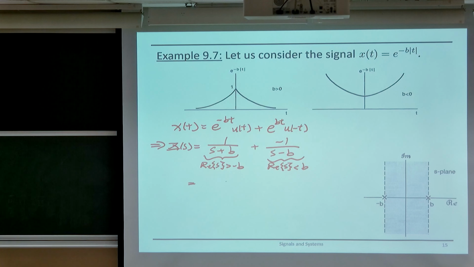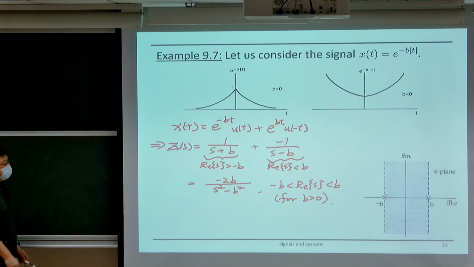Okay. So you can combine these two terms to get minus 2b over s squared minus b squared with a region of convergence that goes from minus b to b. Okay? But notice that this holds only when b is greater than 0.